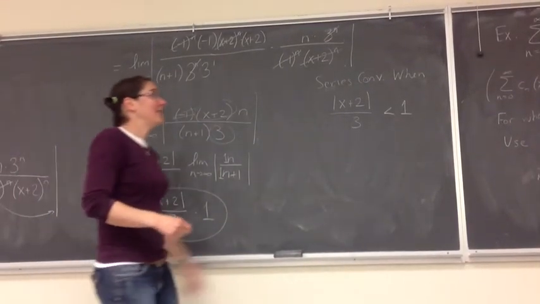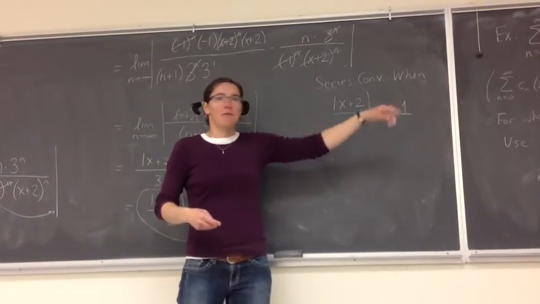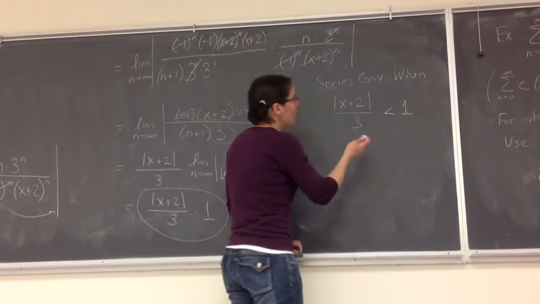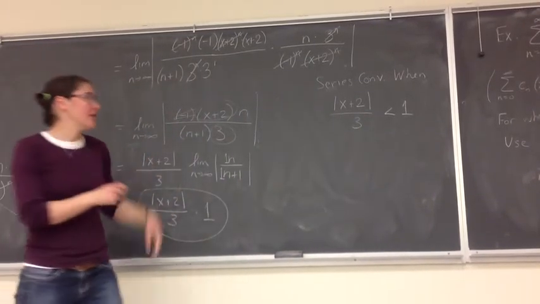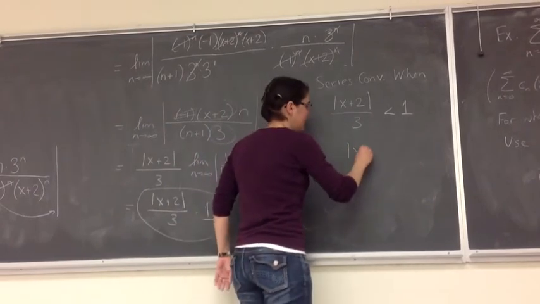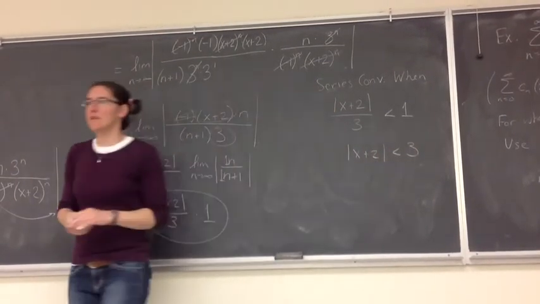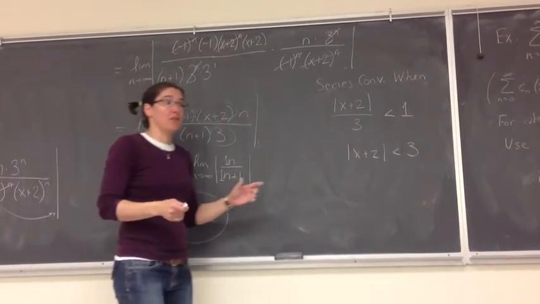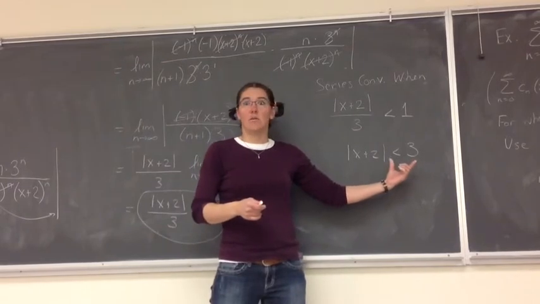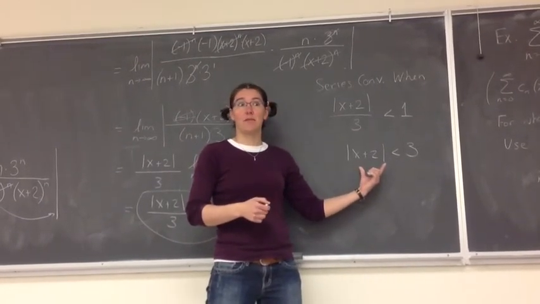Alright, so to solve this inequality, the very first thing I would do is to maybe multiply by 3. Let's do that first. Absolute value of x plus 2 is less than 3. Now, when I have absolute values and I have an inequality, what I want to do is set this up so that I can get rid of the absolute value bars.